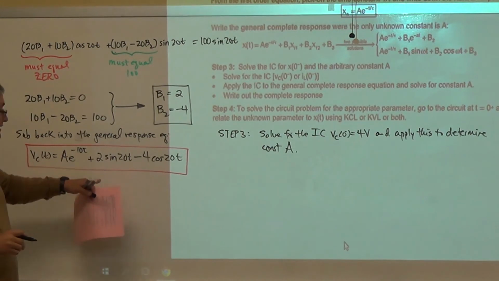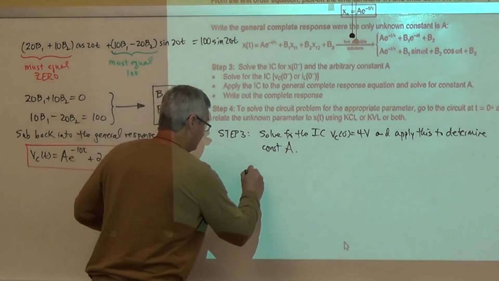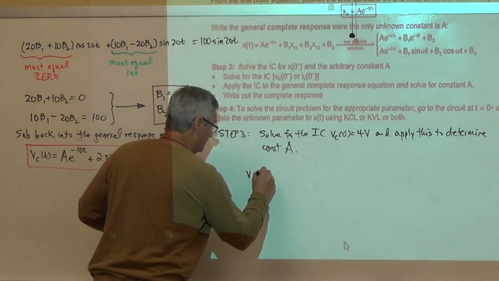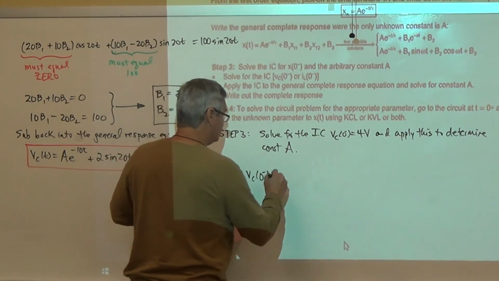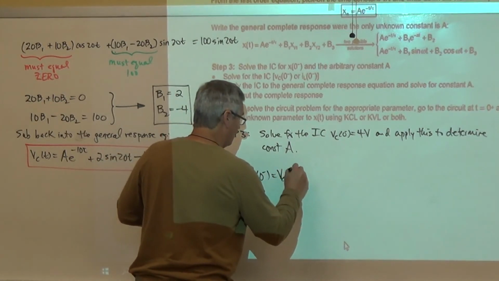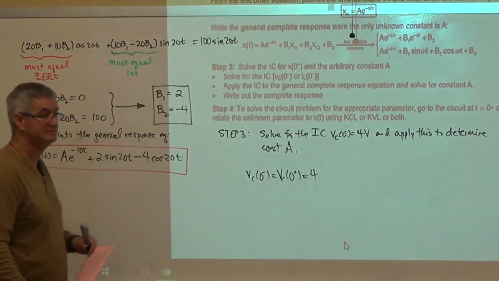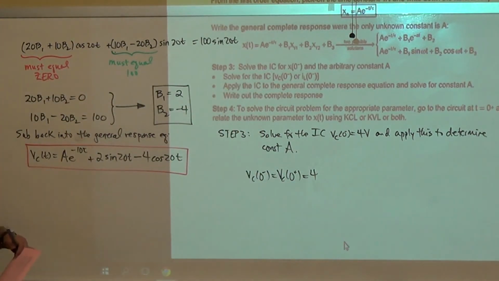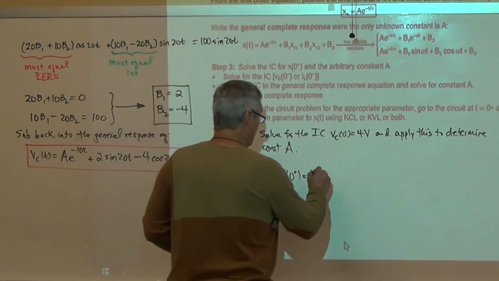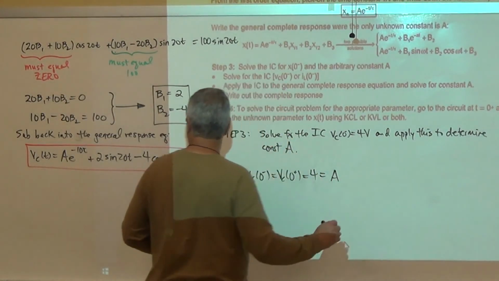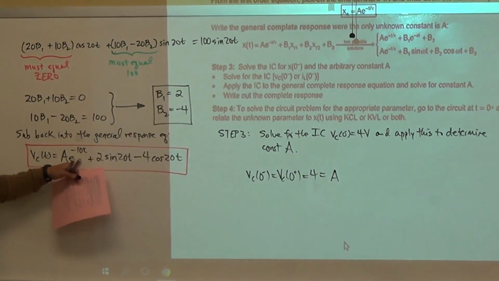So let's do that. I'm going to take this guy, and I'm going to say that VC of 0 has to be VC of 0 plus, and this guy is 4 volts. If I look at this equation now, I'm going to substitute in 0 for t. What you're going to see is that I'm going to get A, e to the 0, which is 1.